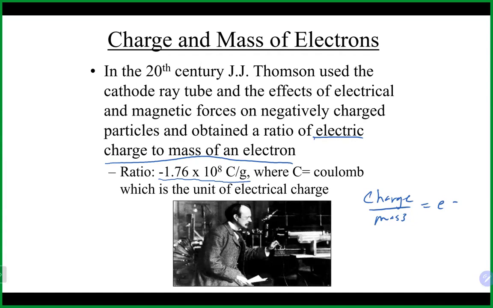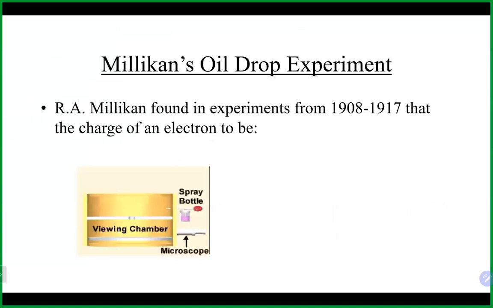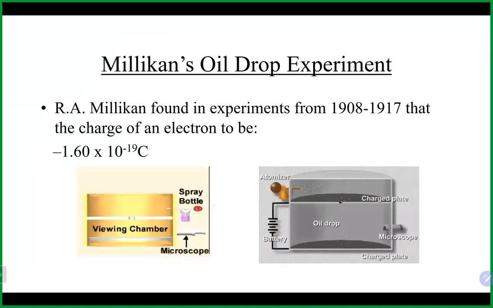It was followed up by another important experiment that helped us understand a little bit more about electrons, which was done by Millikan. Millikan did what is referred to as the oil drop experiment. Essentially, he used a chamber such as this, and he shot oil droplets into here.